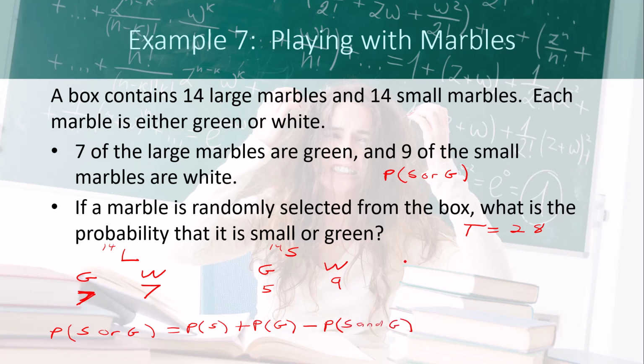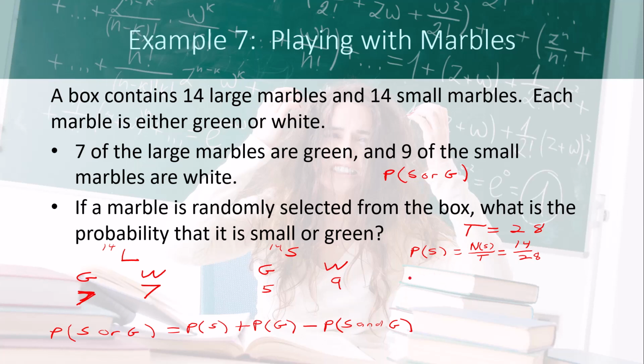The probability of drawing a small marble is going to be equal to the number of small marbles you have divided by the total number of marbles. That is going to be 14 over 28. We could reduce that to 1/2, but we probably don't want to at this point.